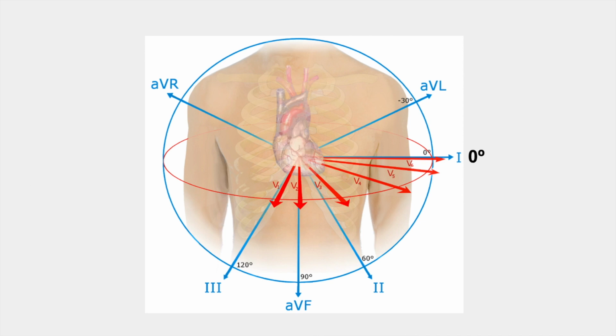When we look at the leads we've talked about so far, it's all about degrees. We can start with lead 1, and lead 1 is considered 0 degrees. Going counterclockwise goes negative, so you get a negative degree number. So AVL would be negative 30 degrees, AVR would be negative 150 degrees.